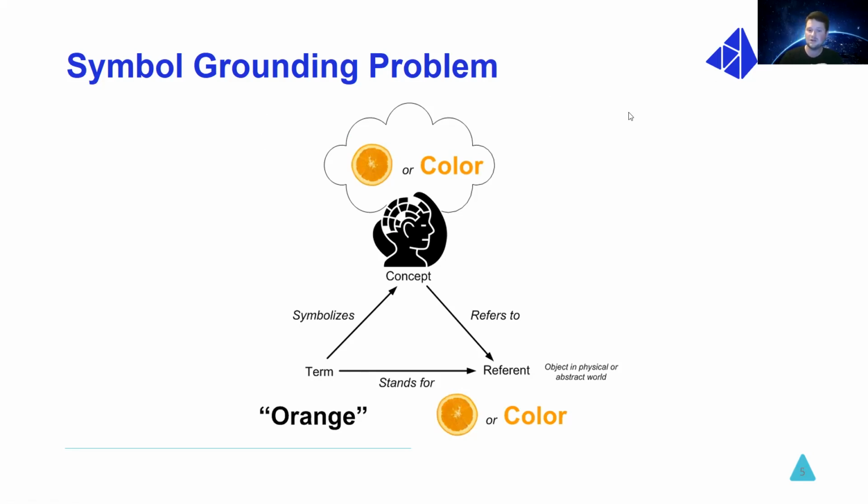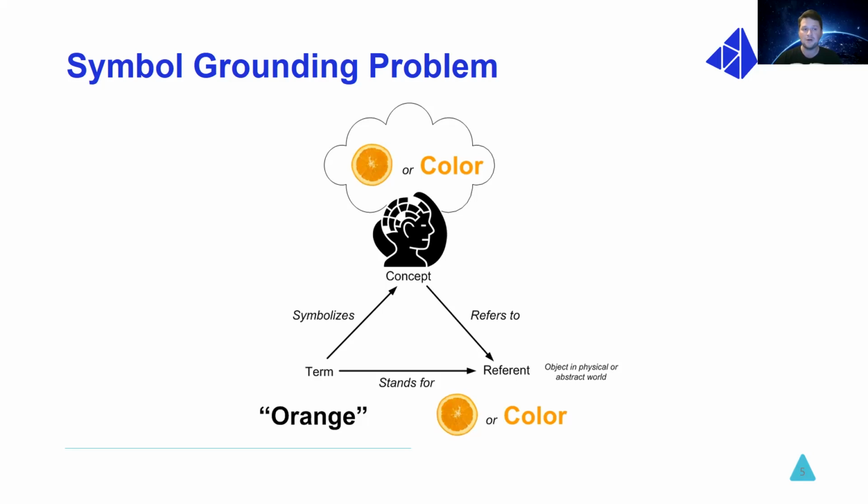The agent has to refer somehow from this internal representation to real objects on the one hand, and on the other hand, when it refers to a real object, it has to understand what it could do with this particular object, so how it can be used.